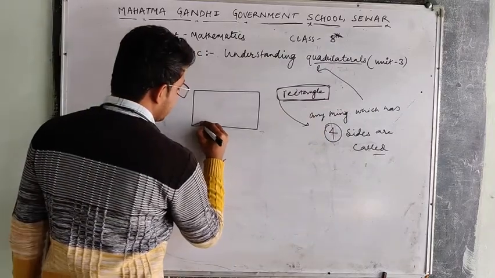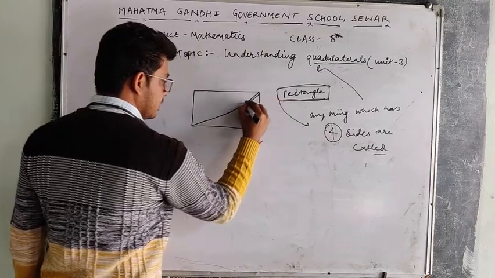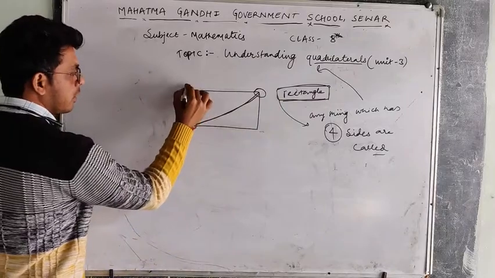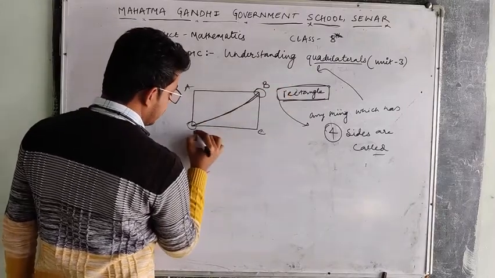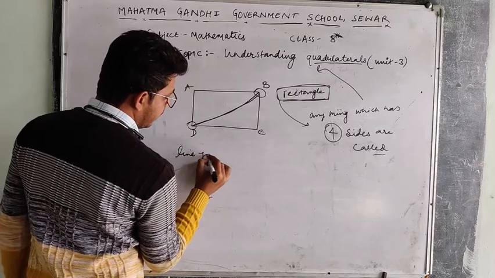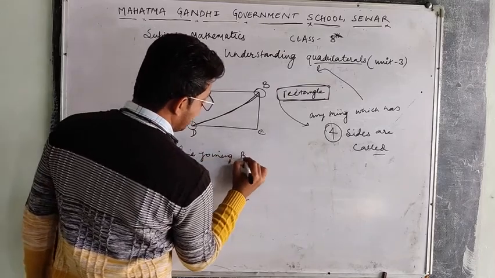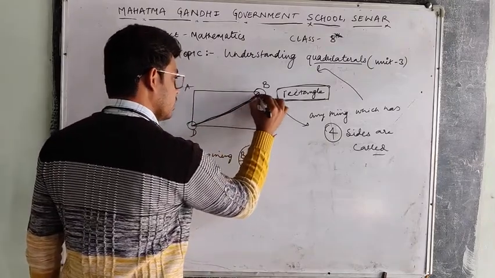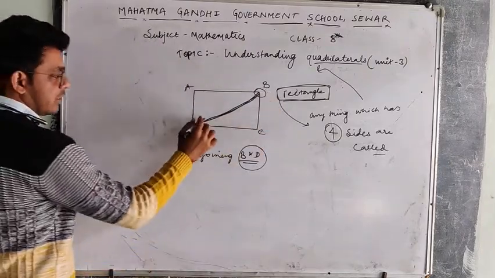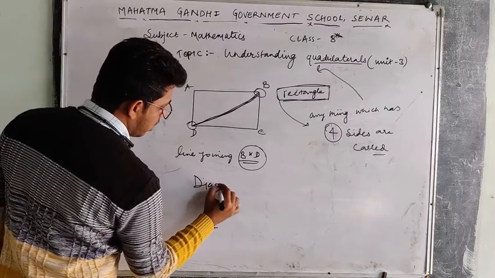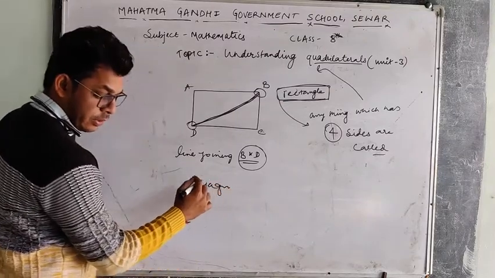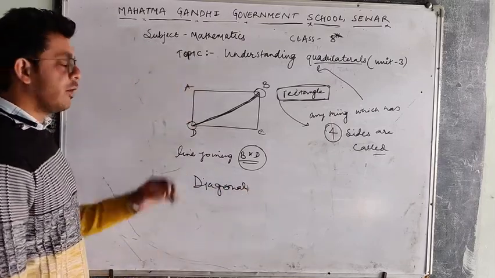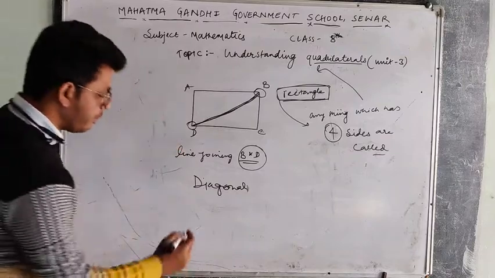Now we will see this structure. What is this? The line joining A, B, C and D, and the line joining B and D. What is the name of this structure? This structure is called diagonals. What is a diagonal?